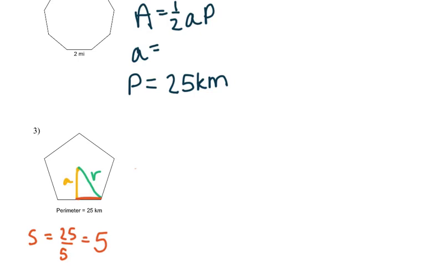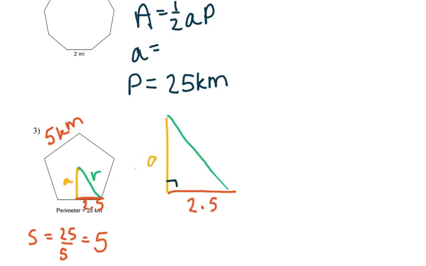So one side length is 5 kilometers, but in our right triangle we're only looking at half of that, so that's 2.5. Let's take a look at our right triangle. So this is 2.5, we want to know our apothem, and then we need to solve for alpha.